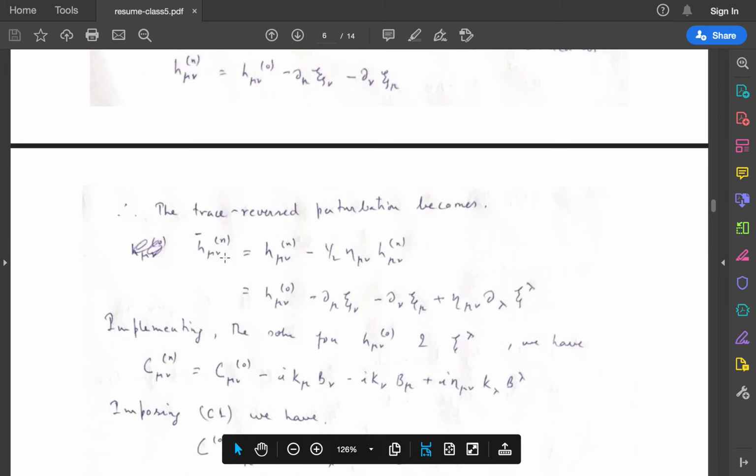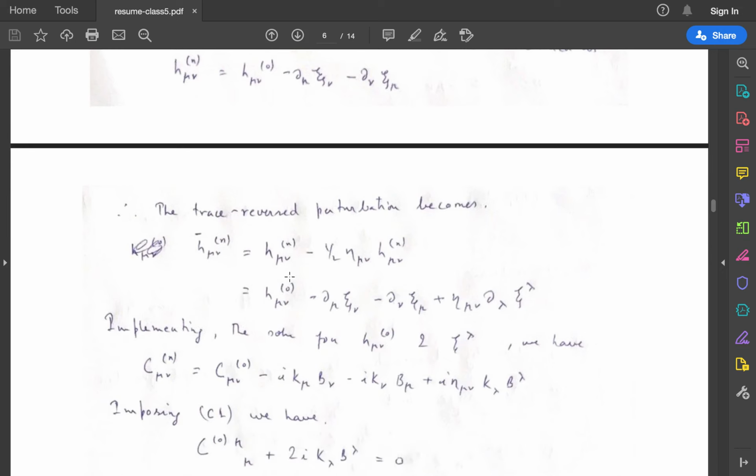The trace reversed perturbation now becomes h bar mu nu new, which is h mu nu new minus half eta mu nu h. This is how it is defined, and if I put back everything we know about h mu nu old, it becomes h bar mu nu new equal to h bar mu nu old minus del mu zeta nu minus del nu zeta mu plus eta mu nu del lambda zeta lambda.